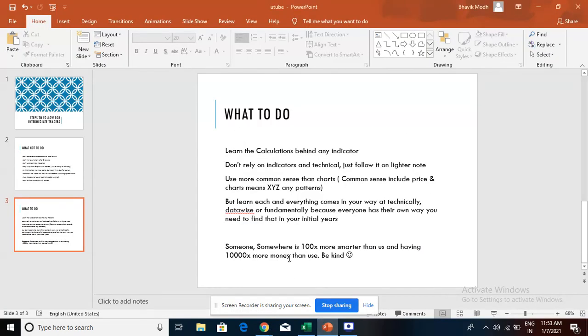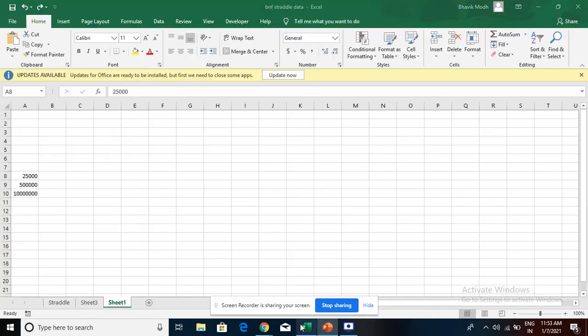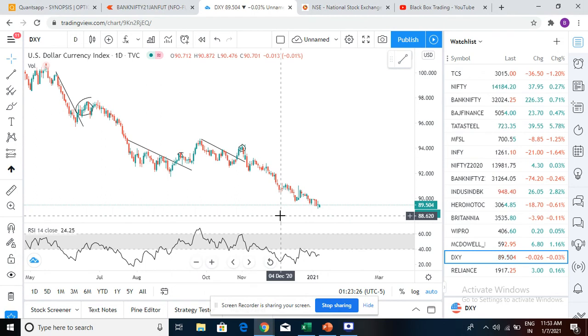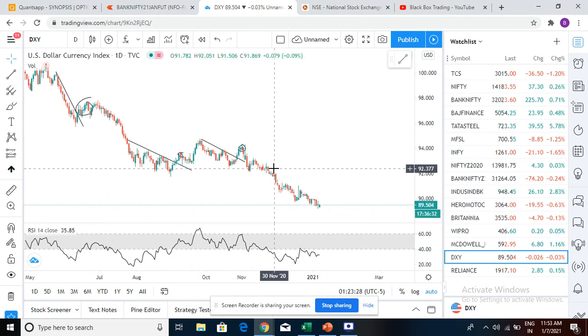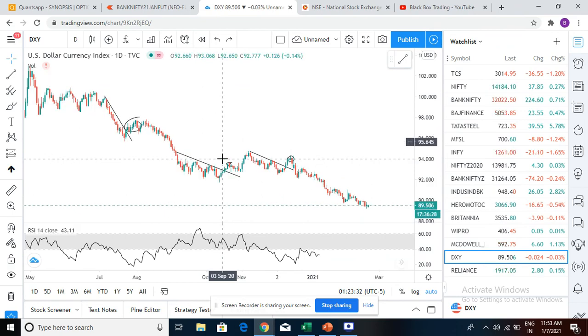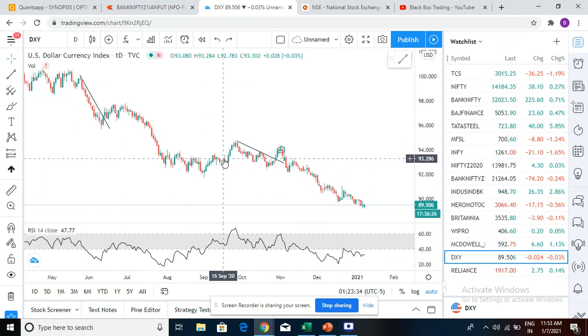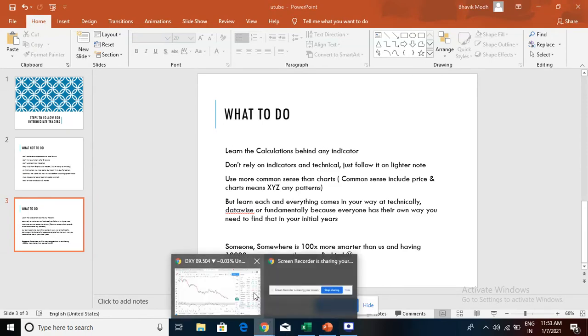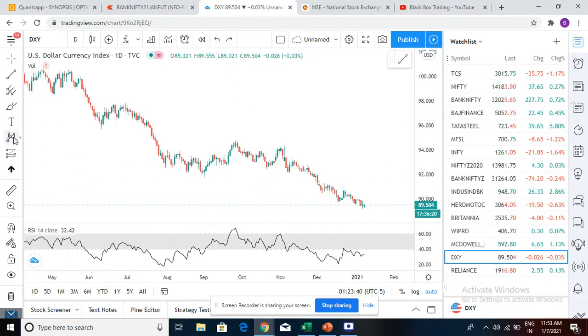See, the last point is, somewhere someone is smarter than us. He knows more things than us. So that's why something is falling and something else is rising. There will be some reason, so try to find out the reason and go with the trend. When can you buy? I will tell you, you can follow the higher high, higher low pattern.